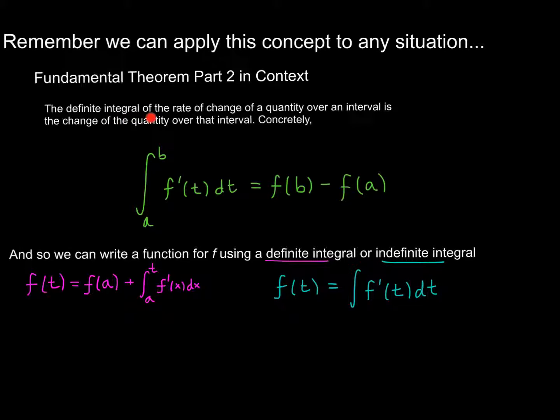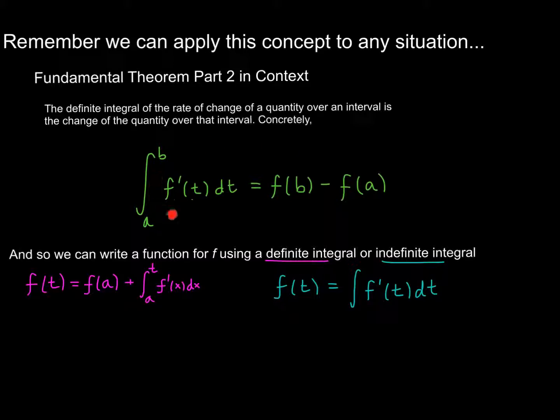The definite integral of the rate of change of a quantity, f prime, over an interval from a to b, is the change of the quantity over that interval, meaning f of b minus f of a.